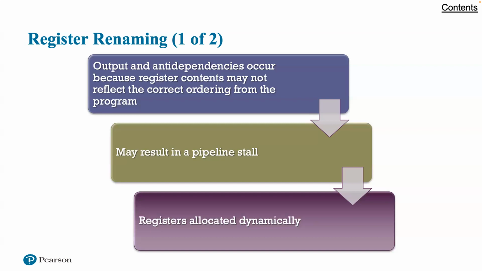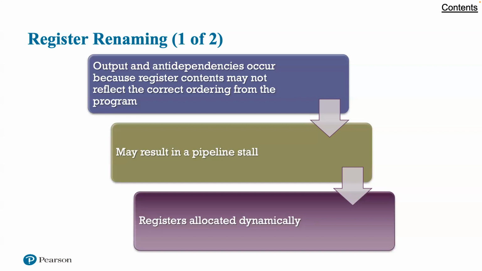In essence, registers are allocated dynamically by the processor hardware, and they are associated with the values needed by the instructions at various points in time. When a new register value is created, that is, when an instruction executes that has a register as a destination operand, a new register is allocated for that value.